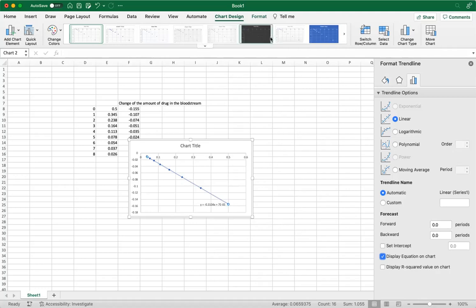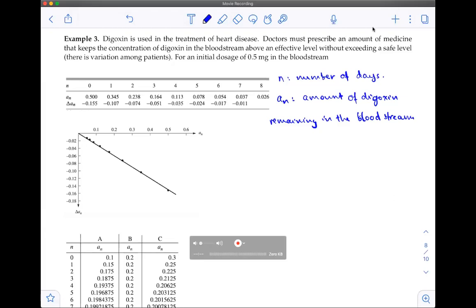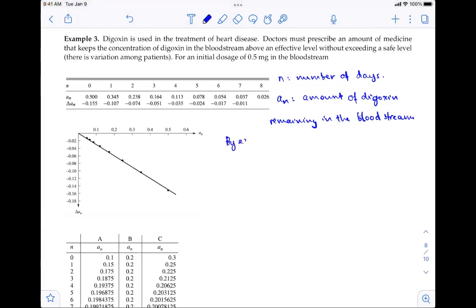Now let me go back to the notes. So we just estimate that. By estimation, the constant coefficient is negative 0.31.